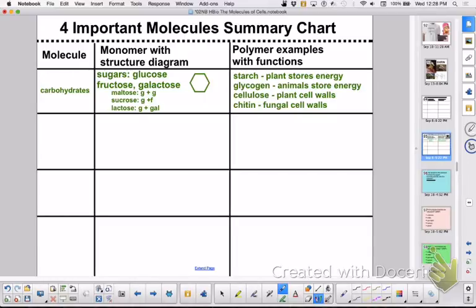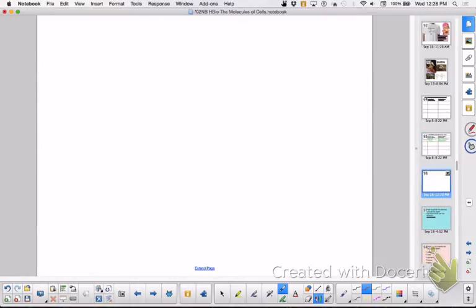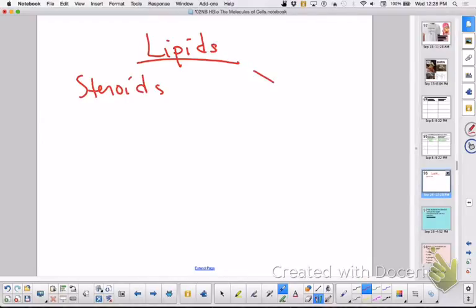Okay, now let's talk about lipids. What are the two kinds of lipids you could have? Steroids and what? Fats or triglycerides. Remember, fats are a glycerol with the long fatty acid chains.